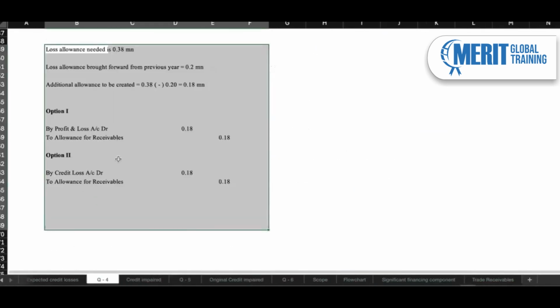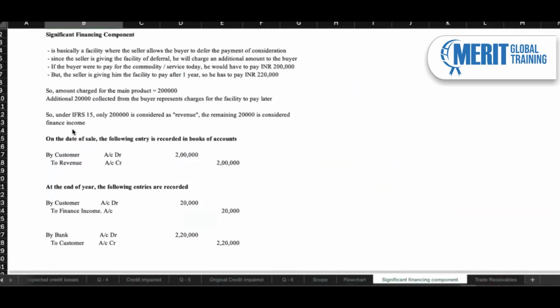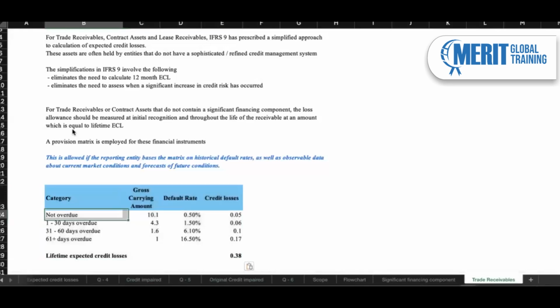What we can do here, as an example, is we can just put a picture of this flow chart. So these could be the gross carrying amounts. These could be the default rates, Y%, Z%, A%, and B%.